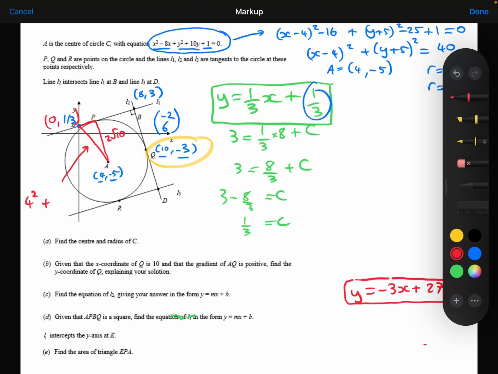So the change in the y coordinates is 1/3 minus 5 squared, all square rooted, which gives me the square root of 40/9. Or that is the same thing as 2√10/3.